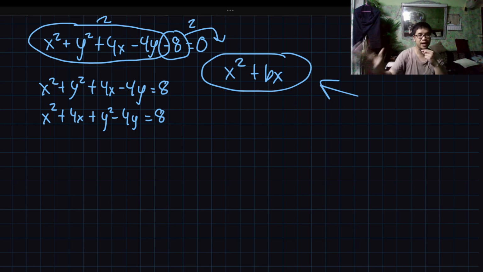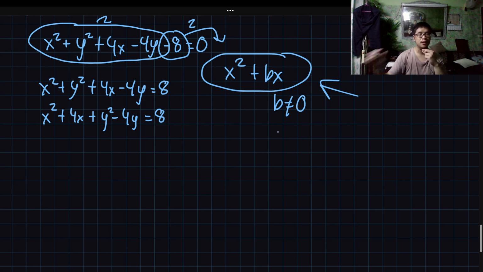Basically, it's only a variable, but it's not squared. Again, it should look like that: a squared term with no visible number beside it, and a first degree term that has a variable in which the number beside that x should not be 0.